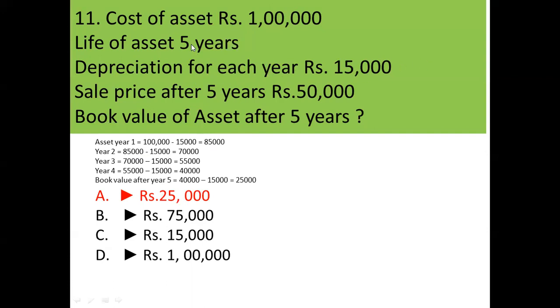From the first year to the fifth year, the depreciation is the same, 15,000. For the third year, we take this book value and come here, minus depreciation, we get this. This is the book value for the fourth year, minus depreciation, comes to 40,000.